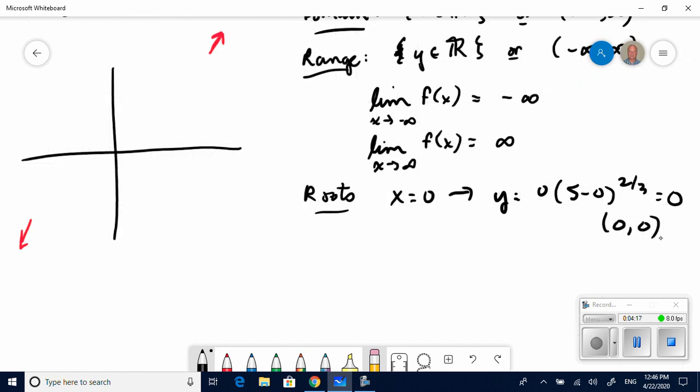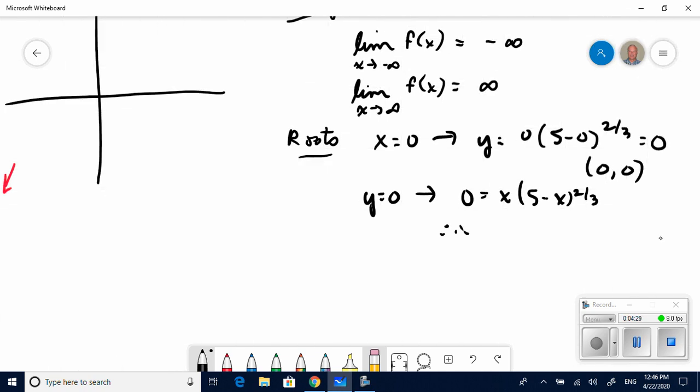And I'm going to let y equal 0. So I've got a situation where x equals 0, that one turns up, or 5 minus x equals 0. Well, the only way an exponent can be 0 is when the base is 0.